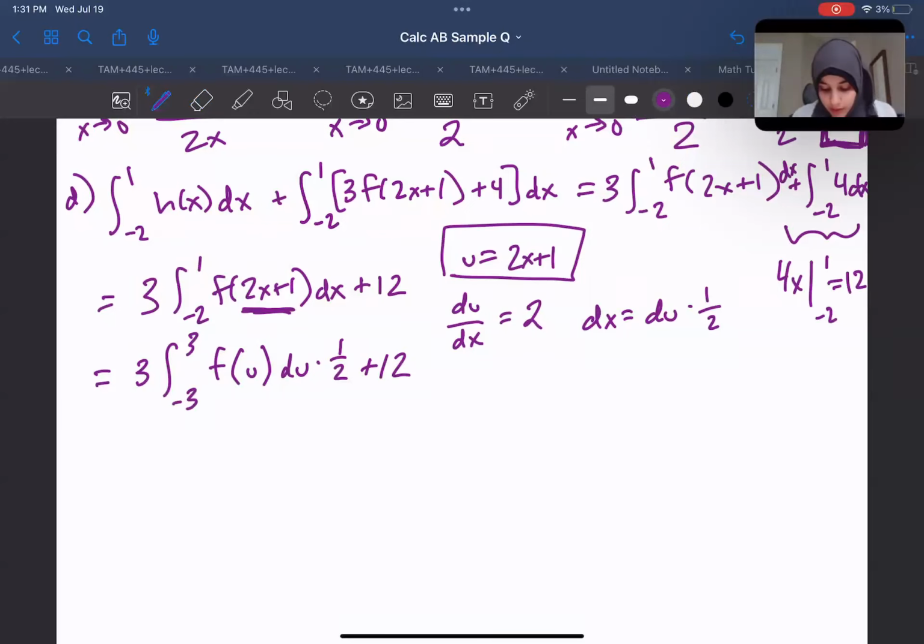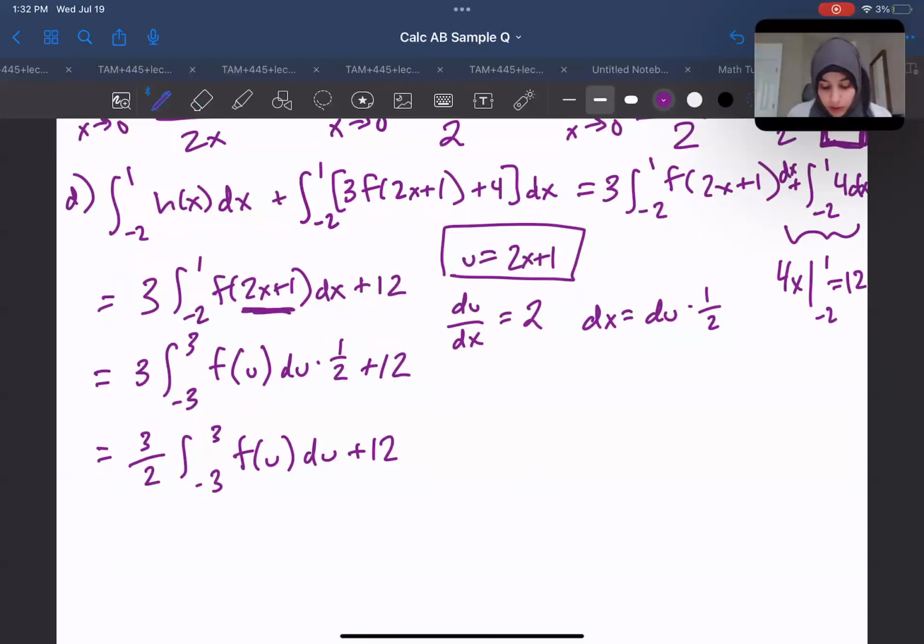Okay. Now I'm just going to take that constant of 1/2 in my integral and put it outside of my equation. All right, so we have the integral from -3 to +3 of f of u. Now, this is actually really easy to do from here because the integral is simply the area under the curve.